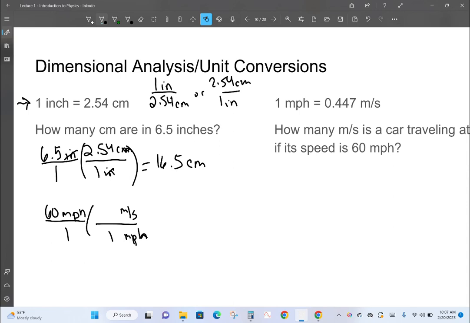Well, it's 0.447 meters per second for every 1 mile per hour. So I'm going to multiply 60 times 0.447. I get 26.82, or 26.8 meters per second.